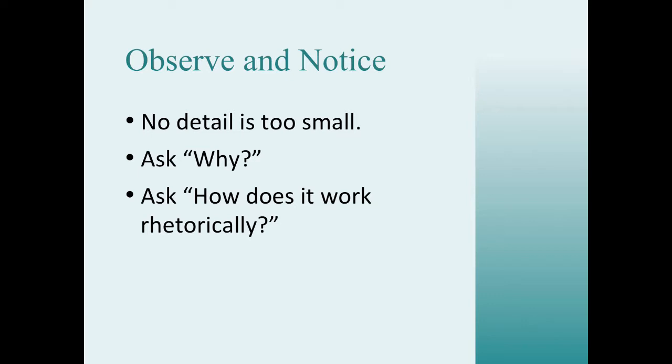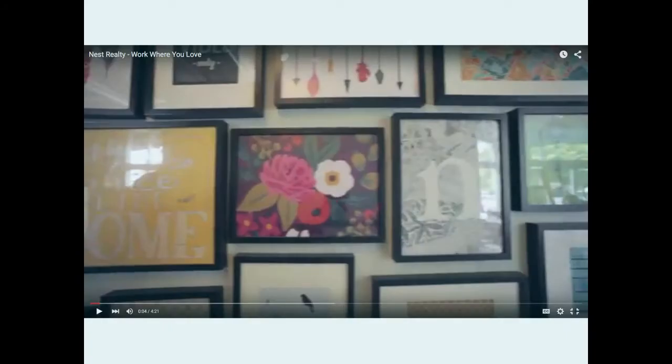So let's take the assigned video from Nest Realty as an example. One thing that I noticed in the video was that there were many different uses of text going on throughout the video, particularly in the background. For example, here you have letters in different fonts in frames. You have different papers or brochures or marketing materials that are highlighted throughout the video.